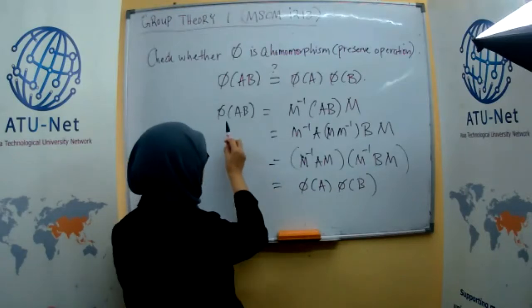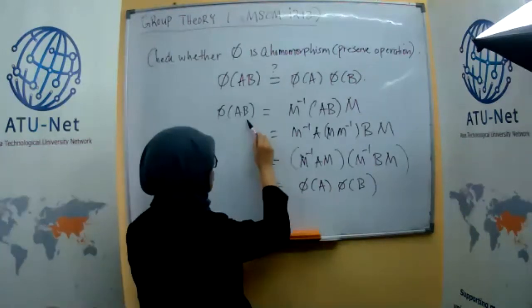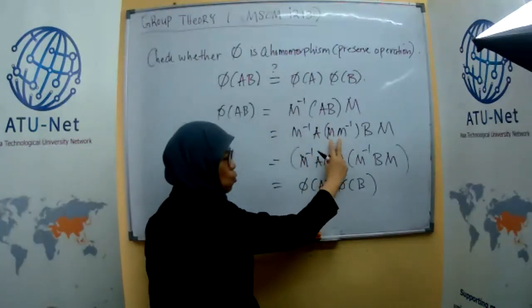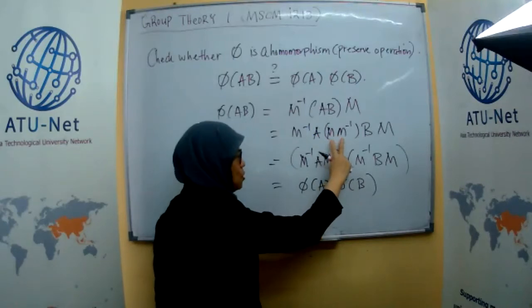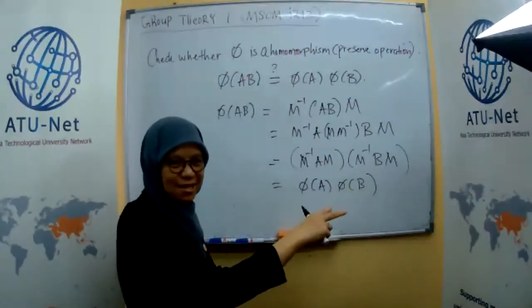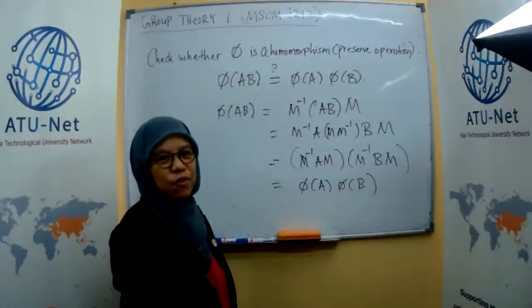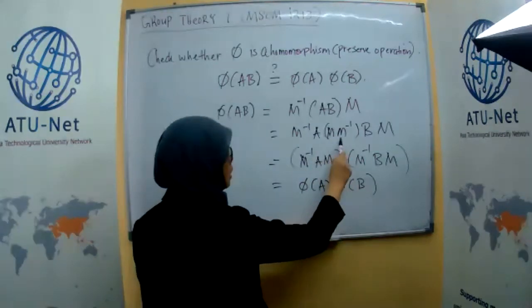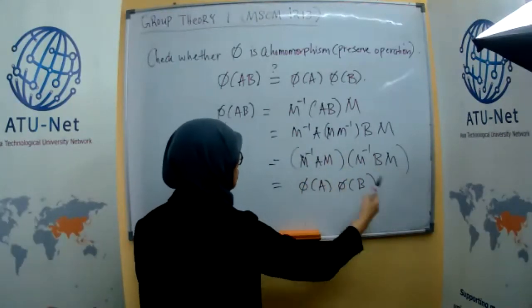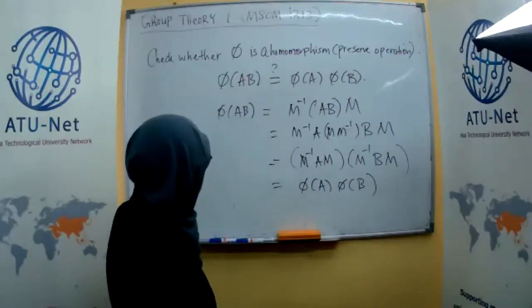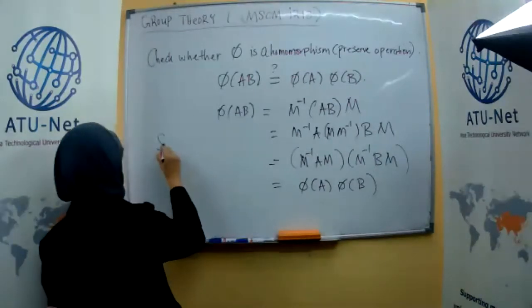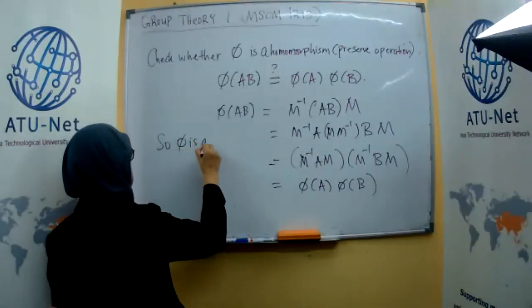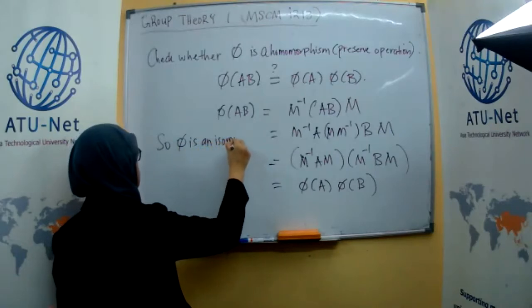So this is the best way to show from here to here. Why do I insert this? Because I want it like this. Sometimes you have to start from the other side. So this is just I, right? Because I want to separate. Okay, then this is an isomorphism.